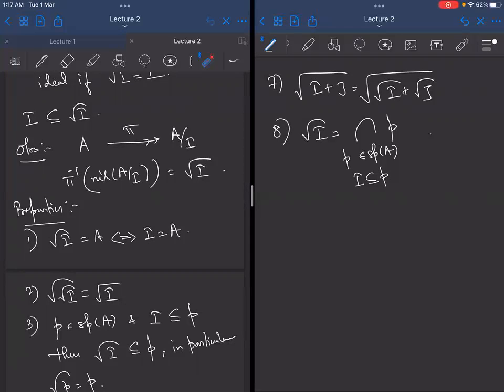Now we are in a position to talk more about intersection of ideals, etc.